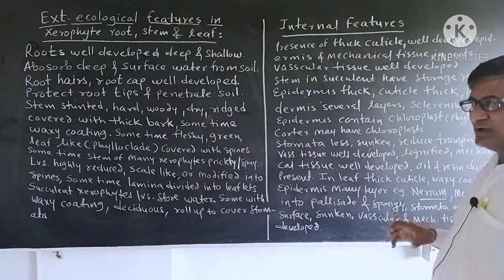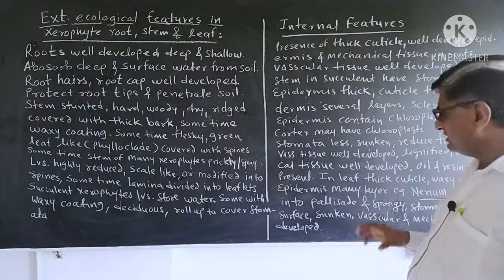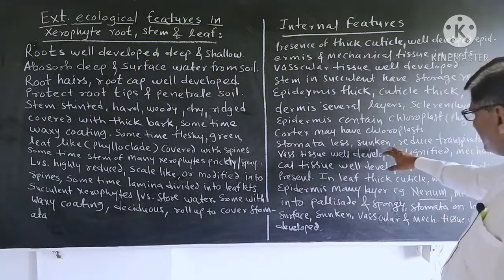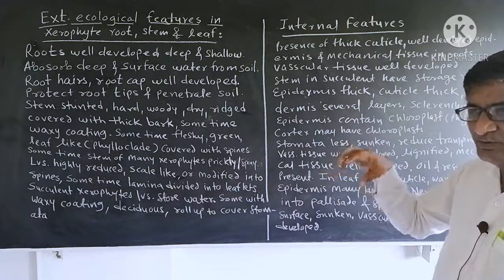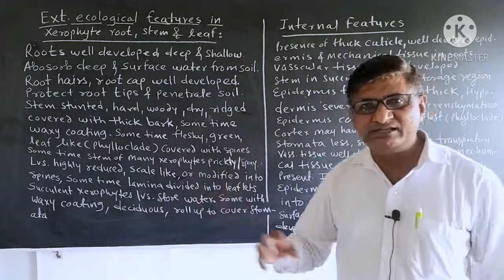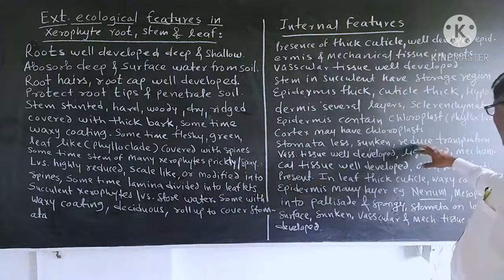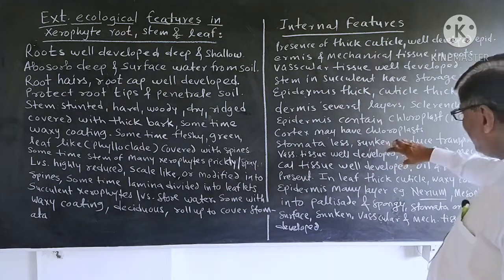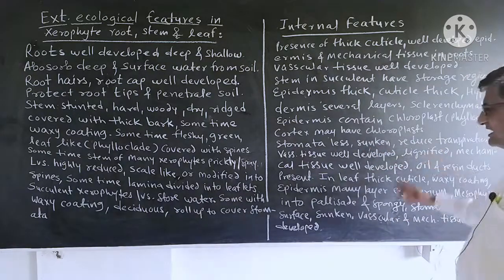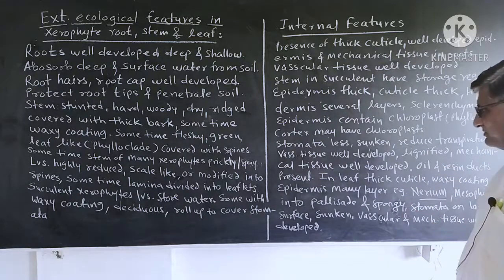The number of stomata is less in the leaves. They are also sunken, meaning they are present in a pit. They cannot very easily get exposed to sunlight, and with the help of such modification, the rate of transpiration is reduced.